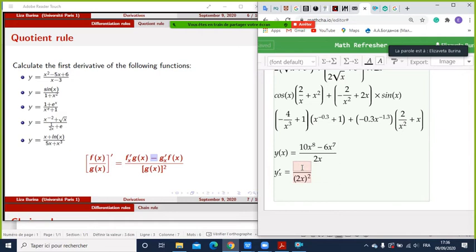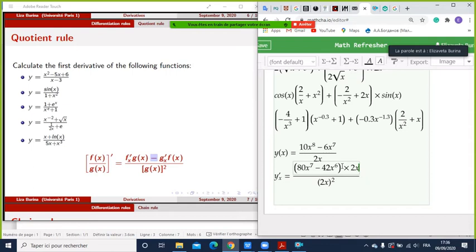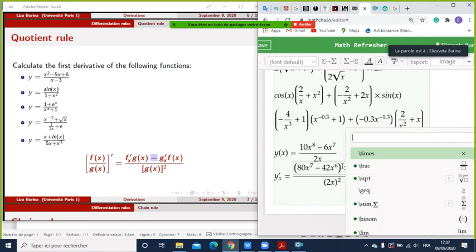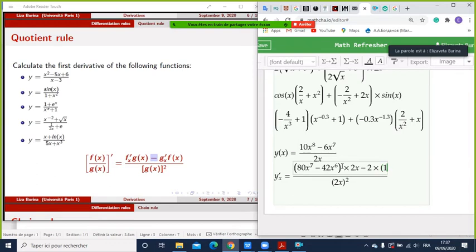Now here we have to take the first derivative of the numerator, which will be 18x to the power of 7 minus 42x to the power of 6, and then we multiply this by the denominator as it is, so we say times 2x, and then we do minus, which is important, not plus, the derivative of the denominator, which is very nice here and short, multiplied by times the numerator, so 10x to the power of 8 minus 6x to the power of 7.